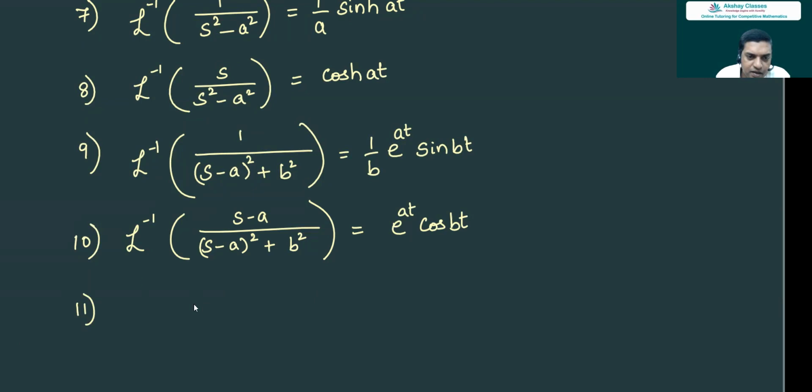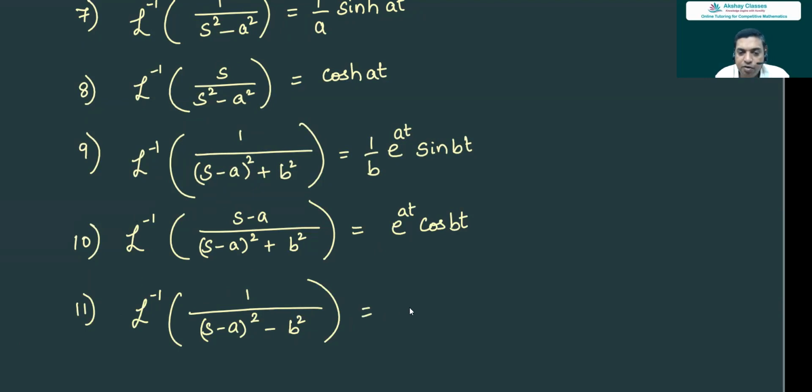Next, Laplace inverse of 1 upon (s minus a) the whole square minus b square. Now instead of plus, it's a minus. So it is sine hyperbolic.